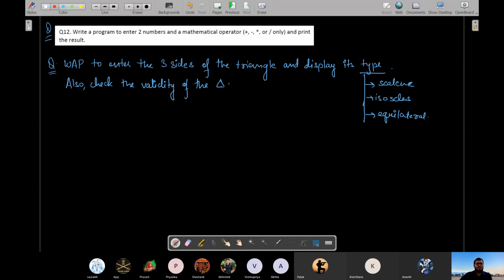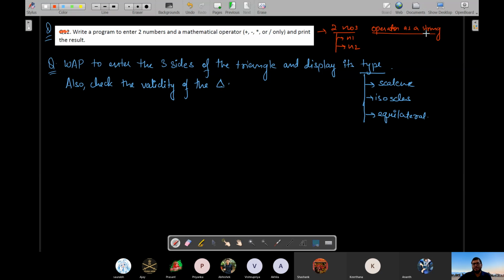Question number 12 means the user will enter two numbers, let's say n1 and n2. And the user will also enter an operator as a string. An operator can be plus, minus, multiplication or division.